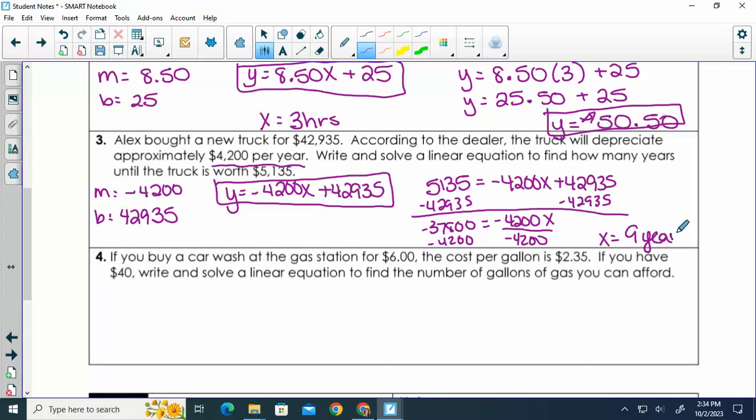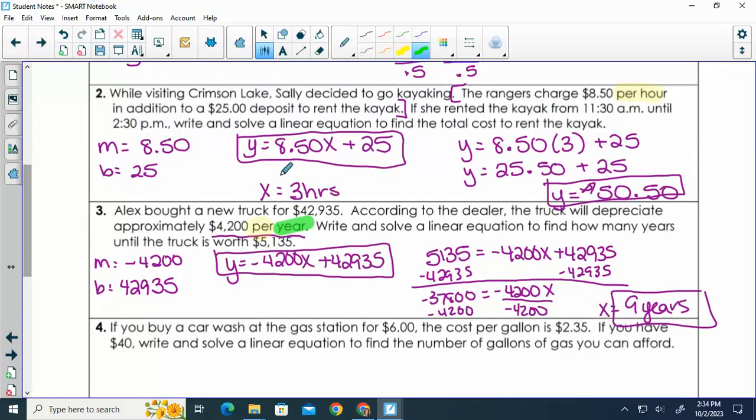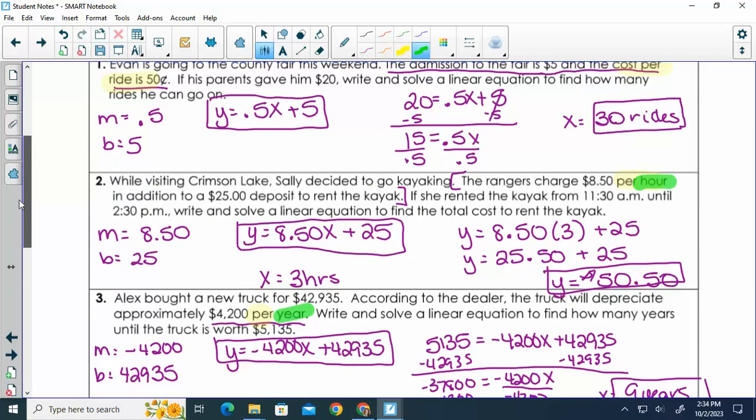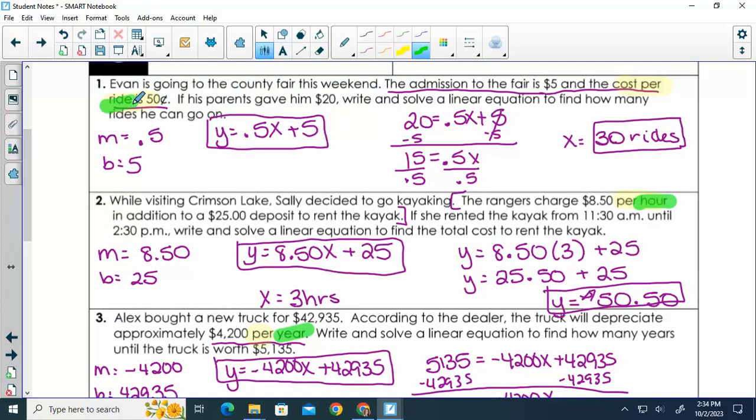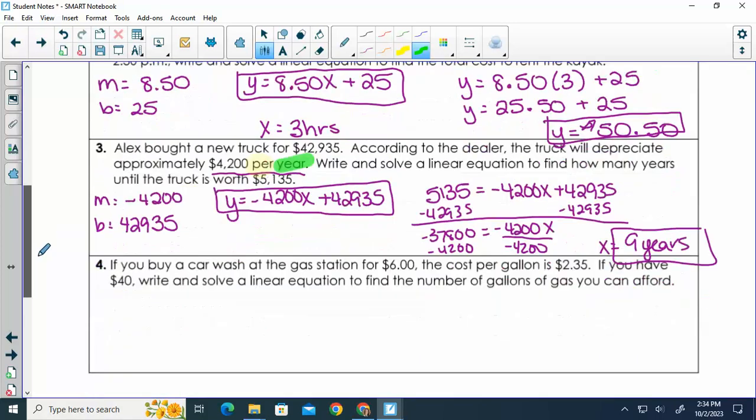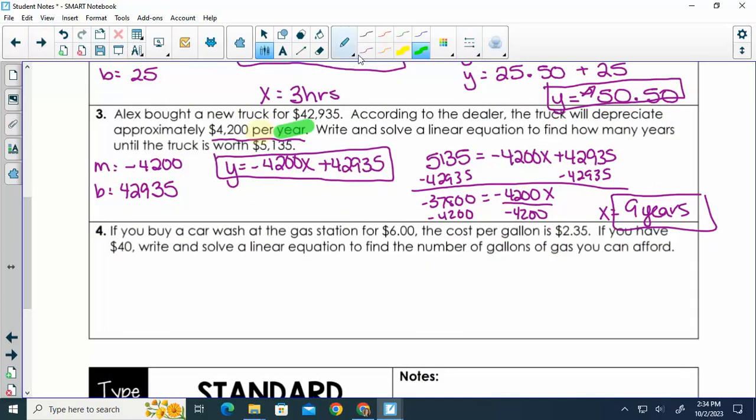Years. If you look, your slope can tell you a lot. The slope is always the one with the per. The unit after that is your x, so my x was years here. The one before, my x was my hours. The one before, my x was my number of rides. So your slope gives you a lot of information. Why don't you guys try the next one?